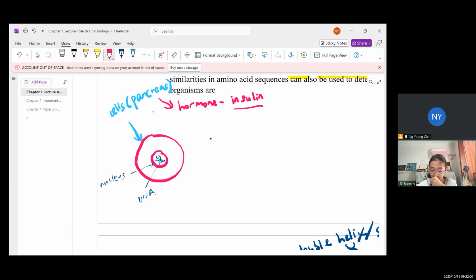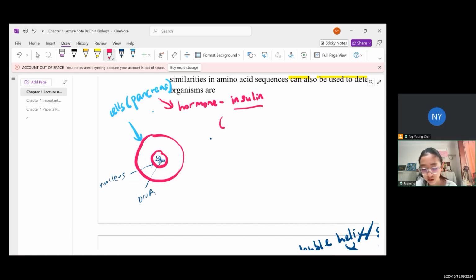Insulin is naturally secreted from the pancreas. Just like Jasmine, me and you, we are healthy persons, so we are able to secrete this hormone from our pancreas. This insulin helps to regulate our blood glucose level.